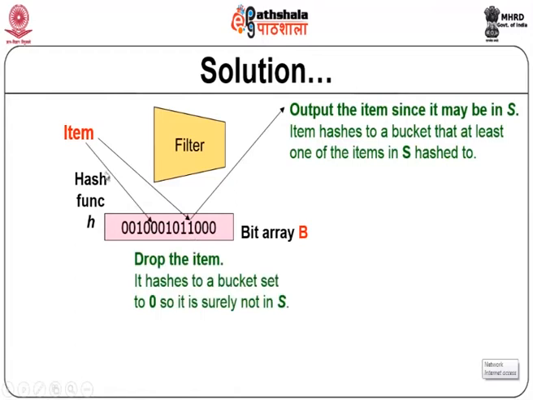Thereafter, when a new item comes into the picture and is given to the hash function, and suppose the hash function hashes to a value 0, then you are going to drop that item. Else if the same hash function hashes the element to a value 1, then you will consider that particular element. So, from the given set S, an element a may be considered or ignored based on the output of the hash function.